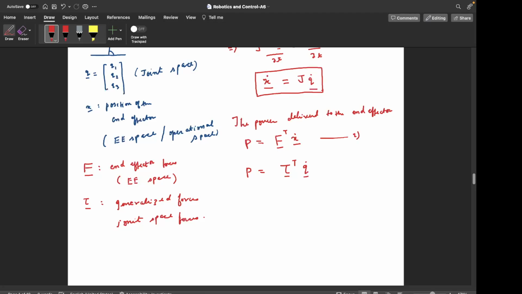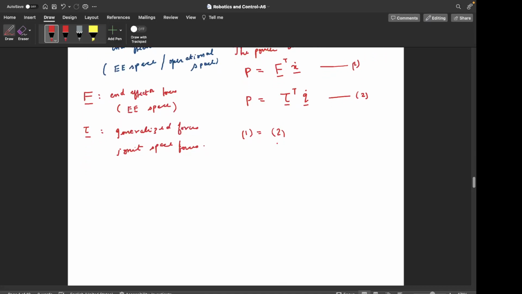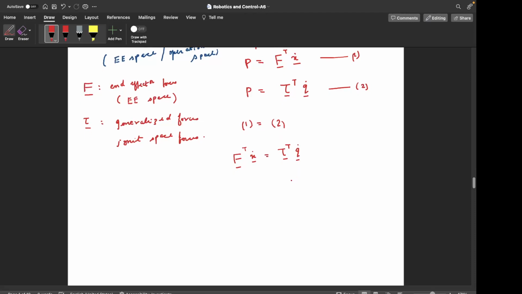So 1 and 2, right? So 1 is equal to 2, right? So what we have is F transpose x dot is equal to tau transpose q dot, right?